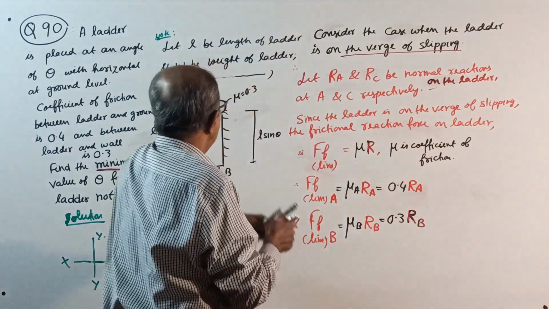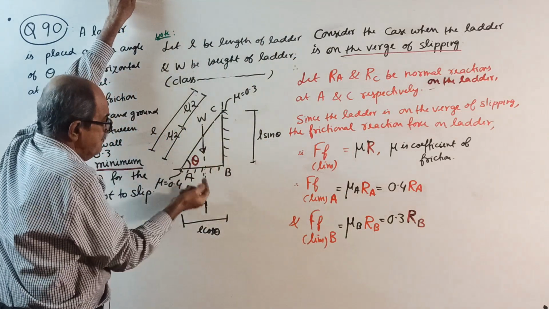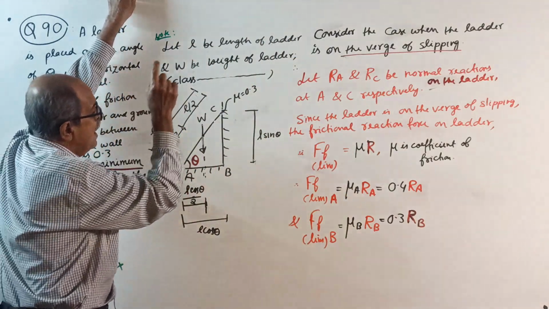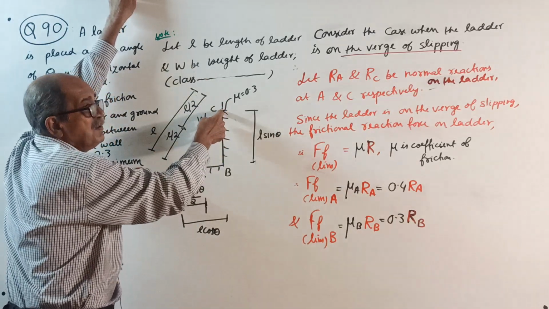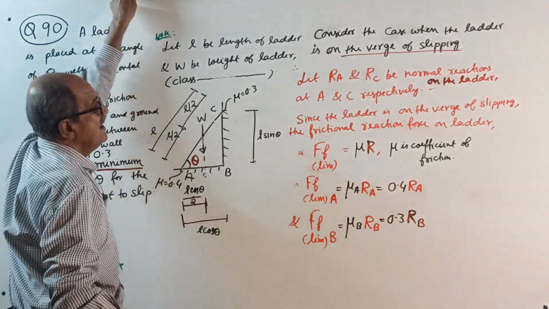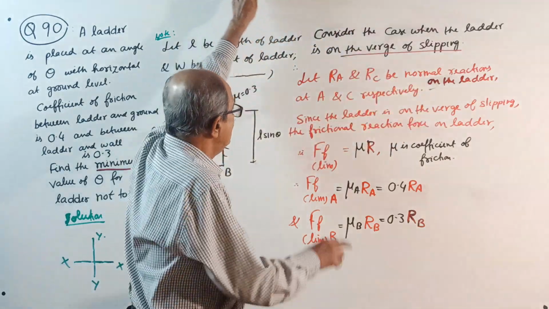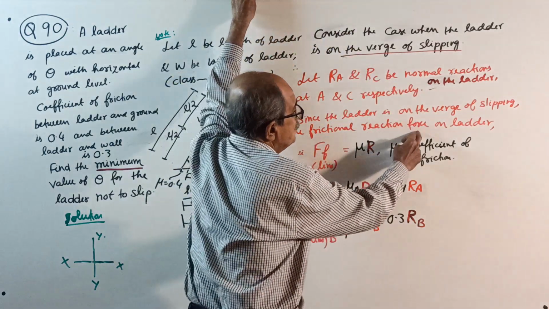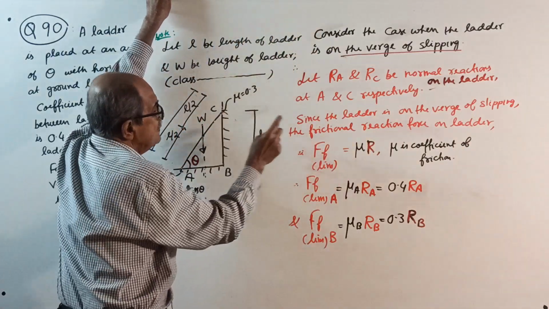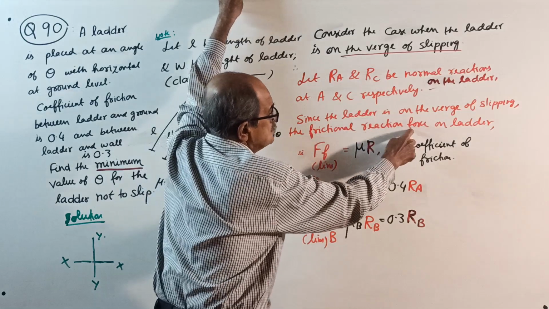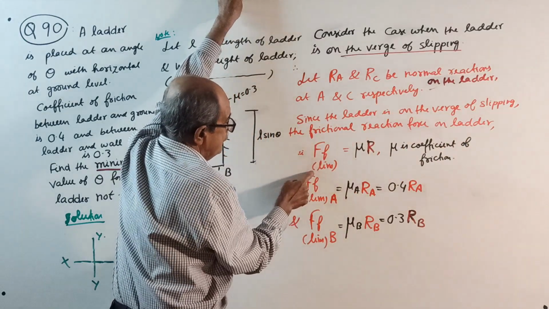See, RA is the normal reaction on the ladder from the ground at A. RC is the normal reaction on the ladder from the wall at C. Okay, then, since the ladder is on the verge of slipping, the frictional reaction force on the ladder, this friction is there. Why? Both are rough. The frictional reaction force on the ladder is F limit.